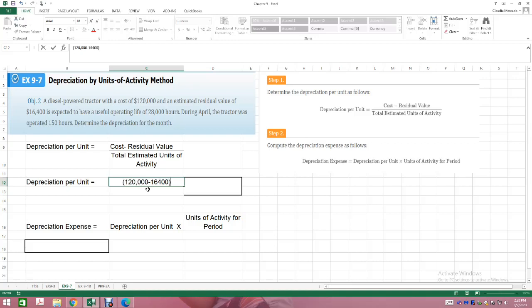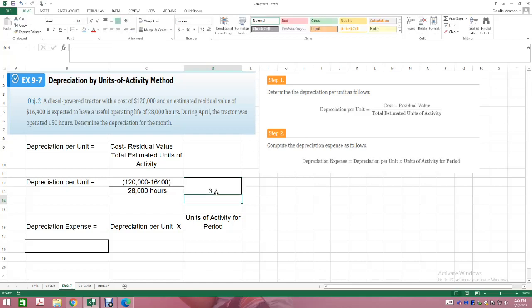And I am going to divide by my estimated units of activity, and I estimate that I'm going to use this tractor for 28,000 hours. So, my depreciation per unit is going to be 120,000 minus 16,400 divided by 28,000. That would be 3.7.